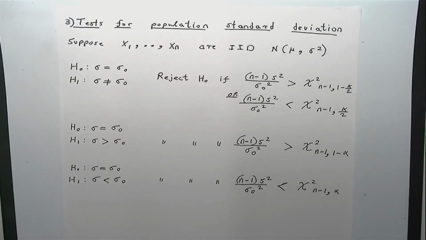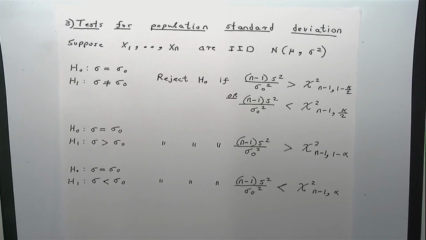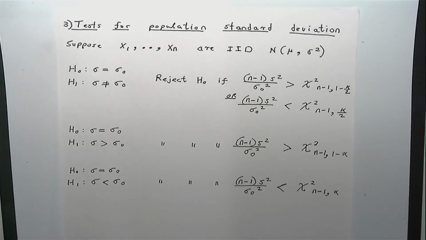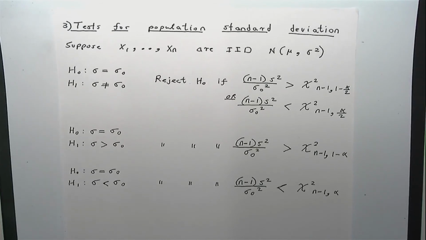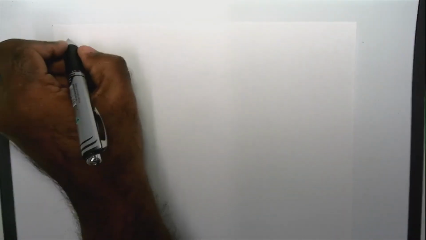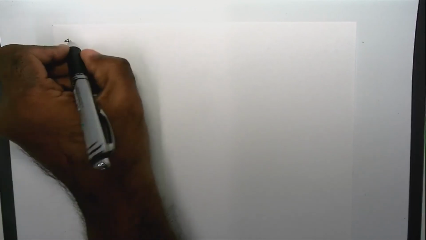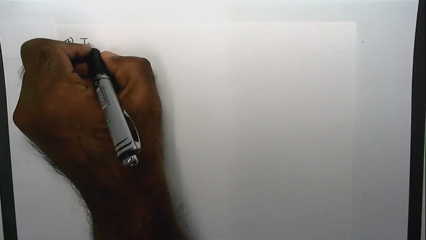And in the last kind of test, I want to talk about testing for population proportion. Okay. So here we are. So this is number 4. Test for population proportion.